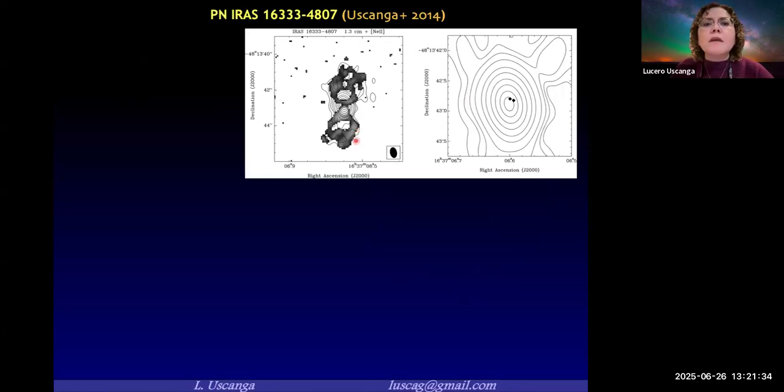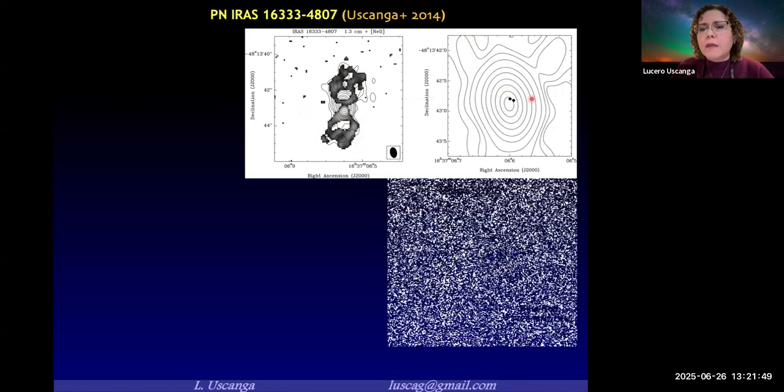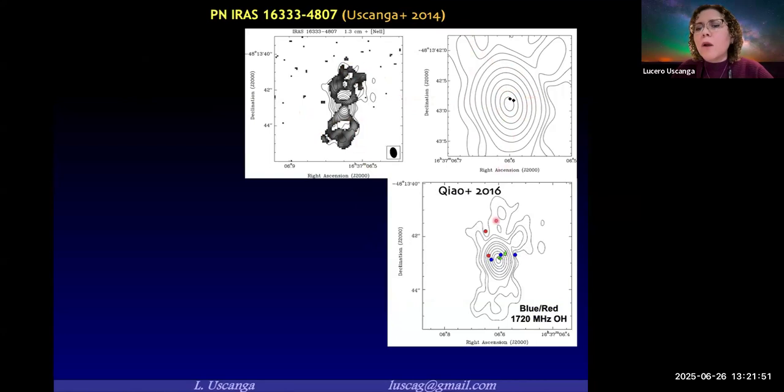Going back to this interesting planetary nebula, IRAS 16333-4807, we detected back in this year a maser emission towards the center of the planetary nebula. And a few years later, Kiao and collaborators were able to detect OH maser transitions. Here I'm just indicating the one in blue and red, the transition at 1720 megahertz.